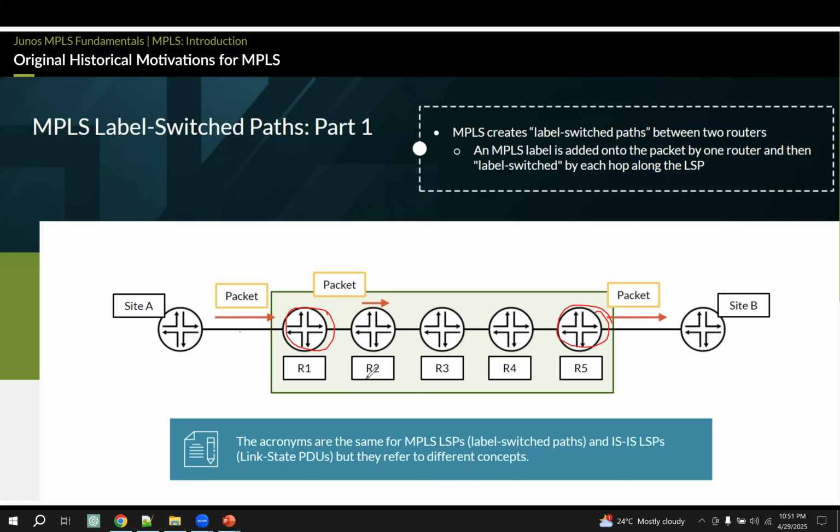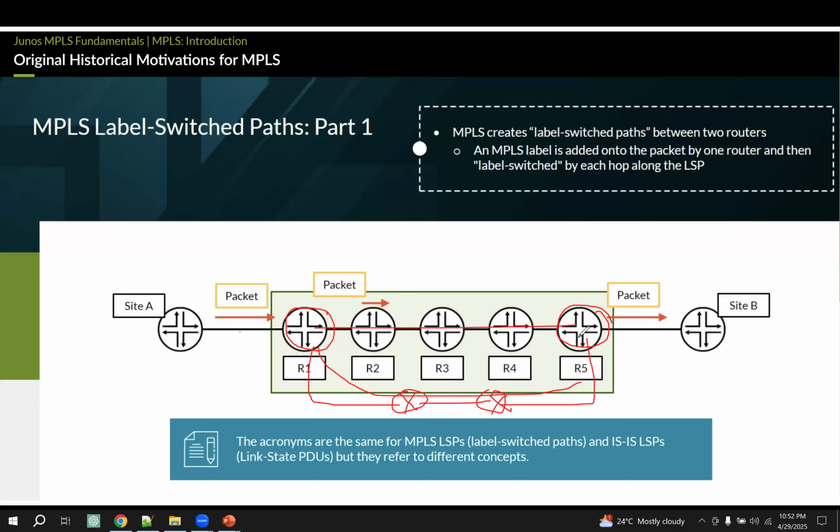When you consider another path like this, you can create multiple LSPs over this physical path.